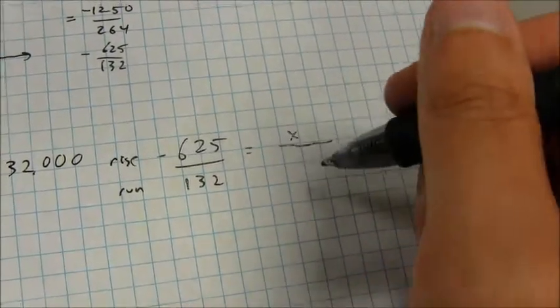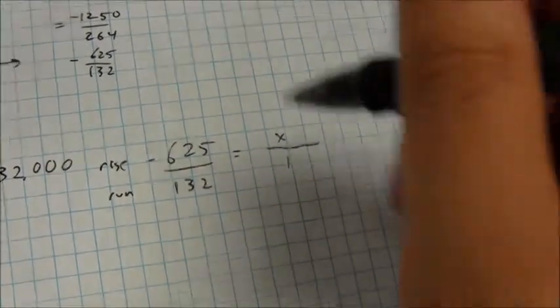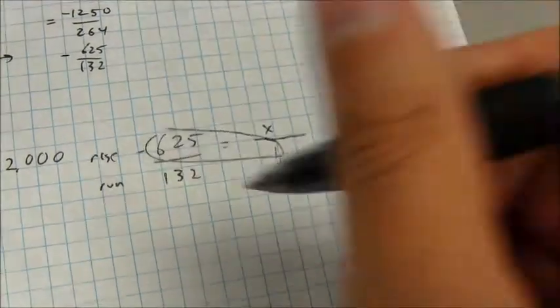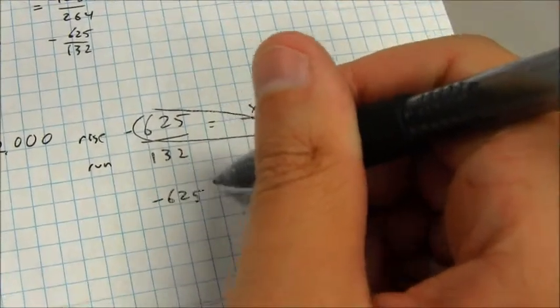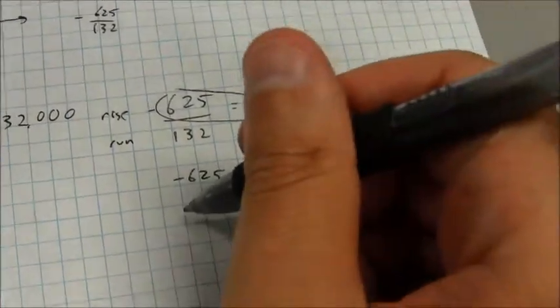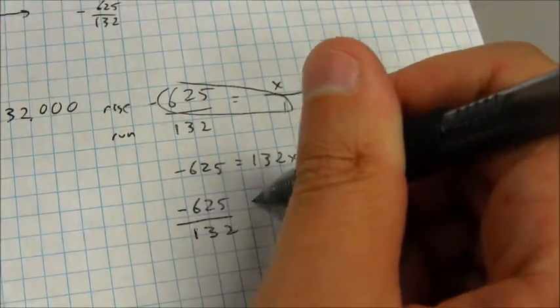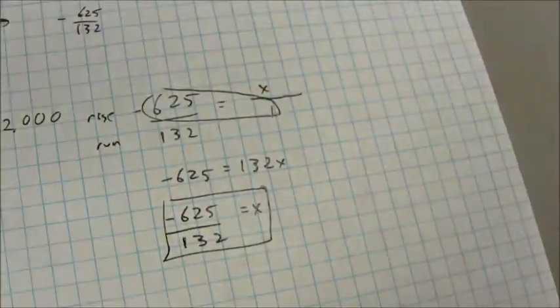That's a rise as it travels 1 foot horizontally. And I can cross multiply here and solve that little proportion. I get negative 625 is equal to 132x. And so it's going to be negative 625 over 132 equals x.